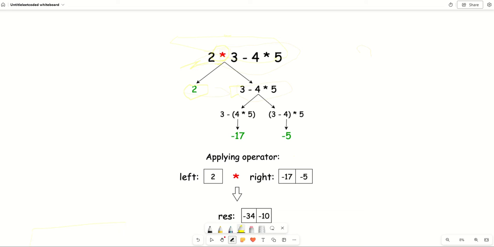Now we have to work on 3 minus 4 multiplied by 5.